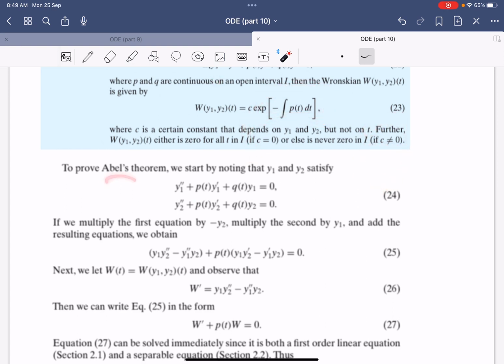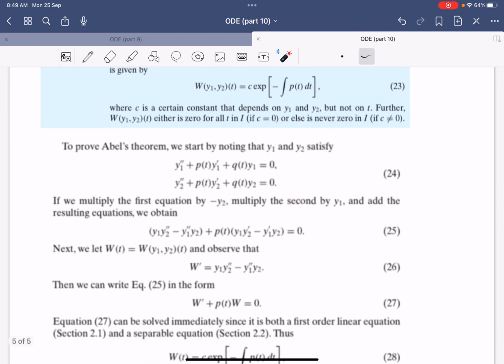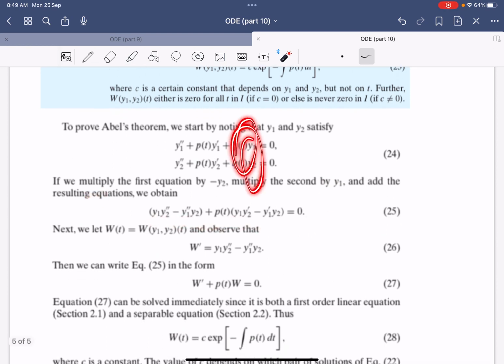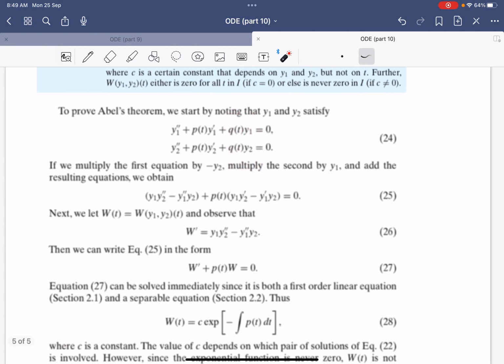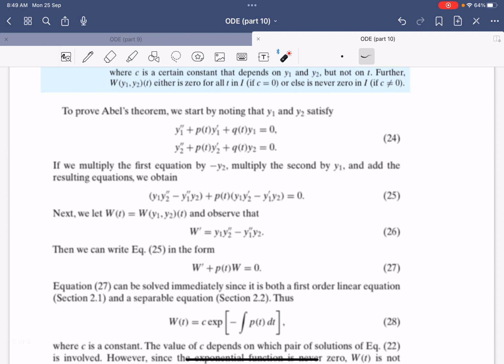To prove Abel's theorem, we start by noting that y1 and y2 satisfy the following differential equation, so you just substitute in. Then we multiply the first equation by minus y2 and the second one by y1, and we add the resulting equations to obtain the following. This allows us to get rid of the q(t) part. Then we see that this is the W, so W(t) equals the Wronskian W(y1, y2)(t), and observe that W prime is this portion over here. So this is the W, this is the W prime.